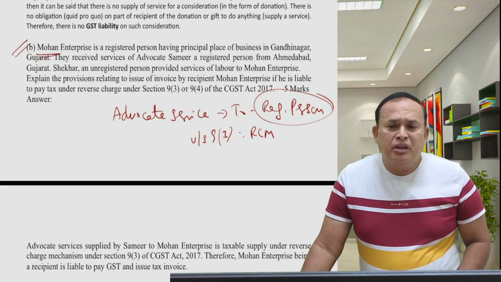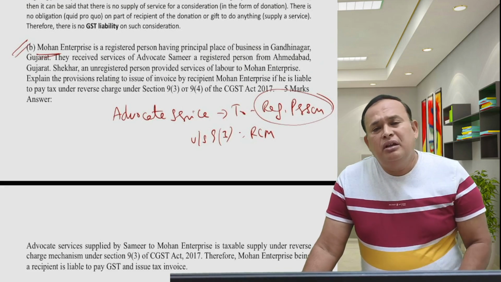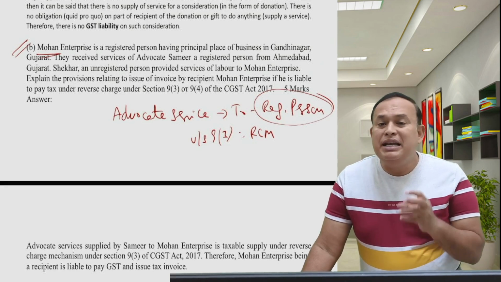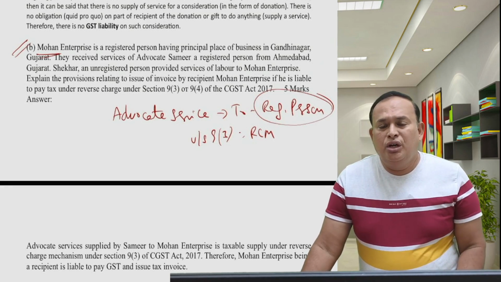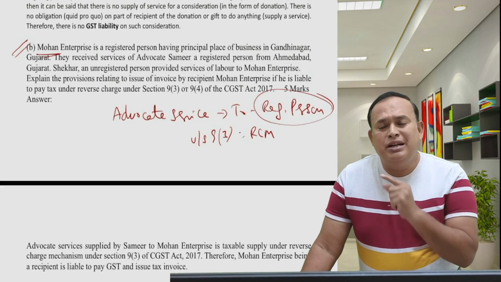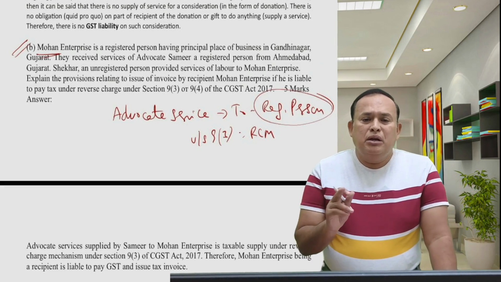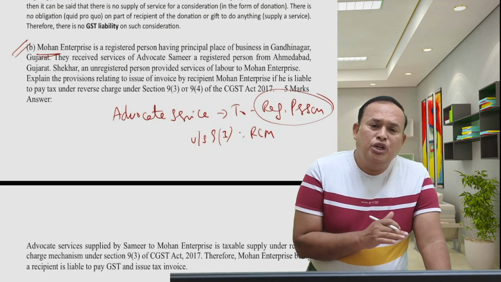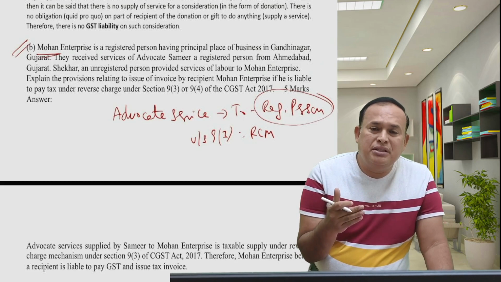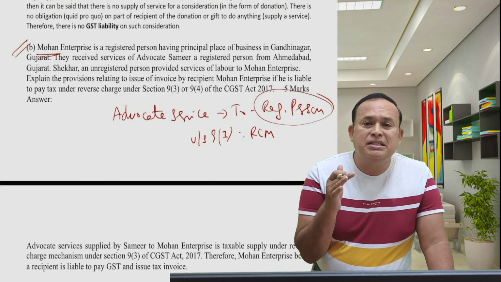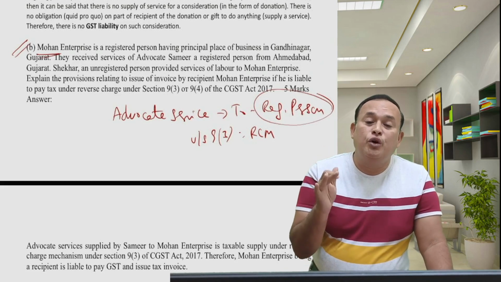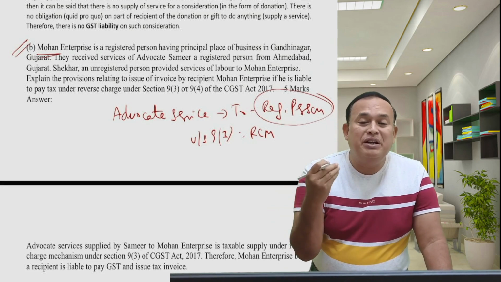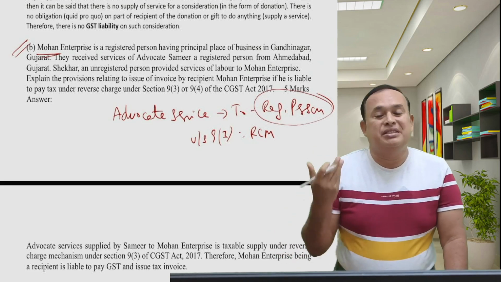Coming to Shekhar, who provided labor services to Mohan Enterprise. Labor services provided by an unregistered person to a registered person are covered under section 9 subsection 4 only when the recipient is a provider of construction supply of services.